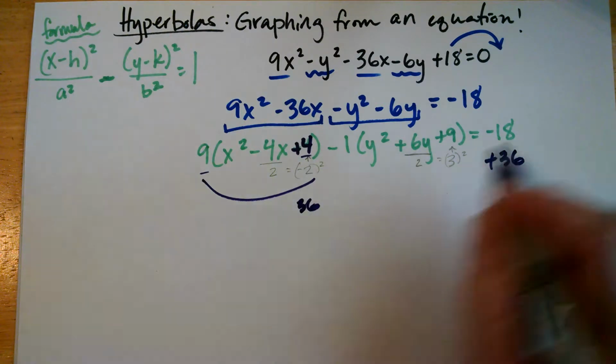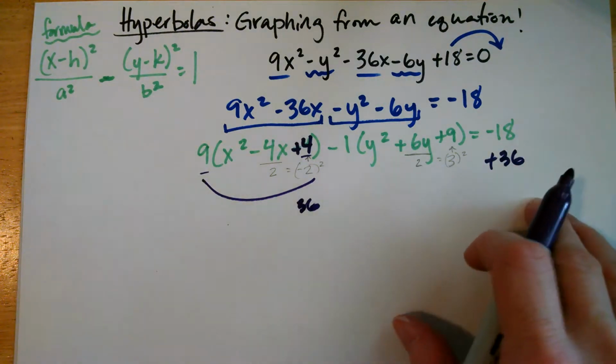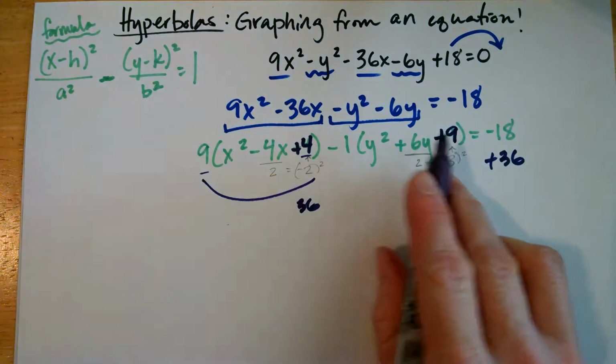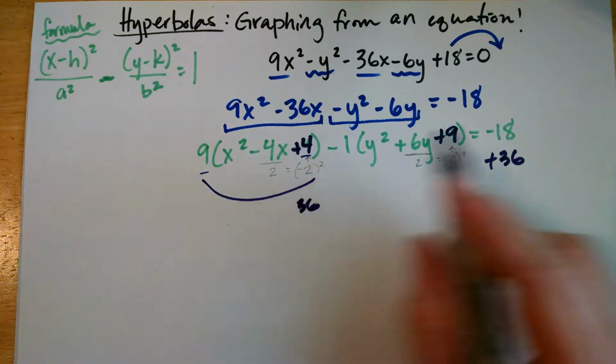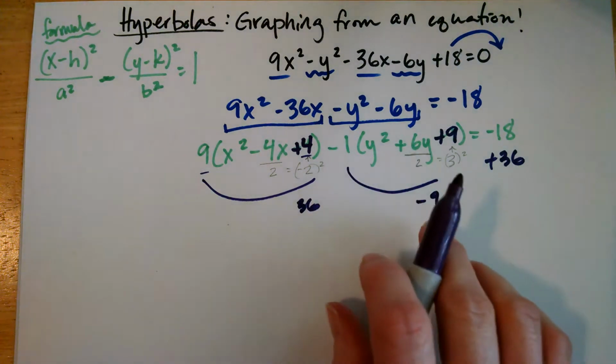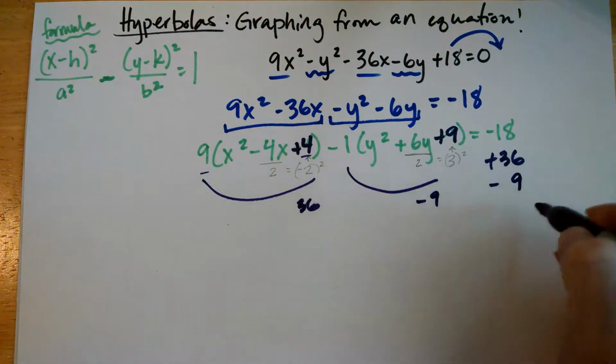So essentially I added a 36 over here. Whatever I do on the left side, I have to do on the right side. Same thing over here. I added a 9, but not only a 9, I added a 9 times a negative 1. So that is a negative 9. If I added a negative 9 over here, I have to add it over here.